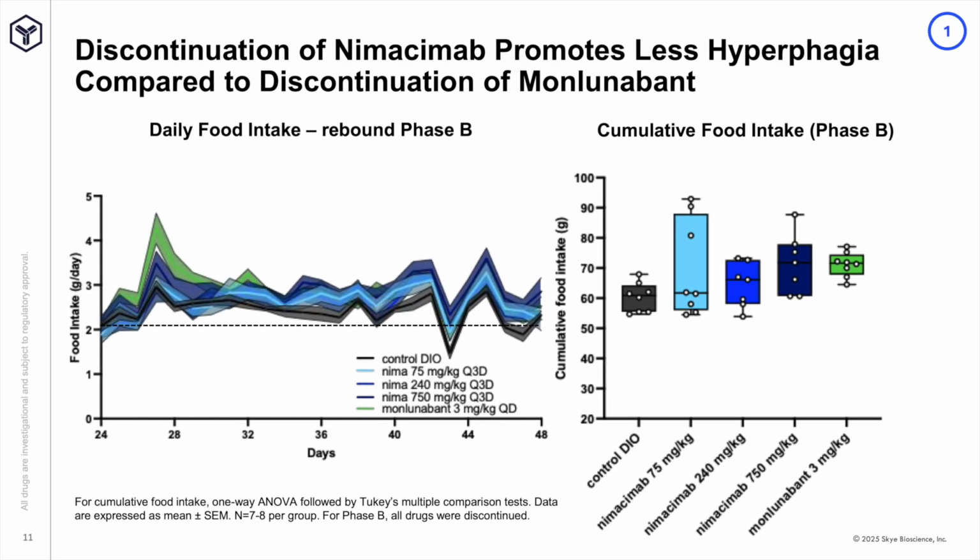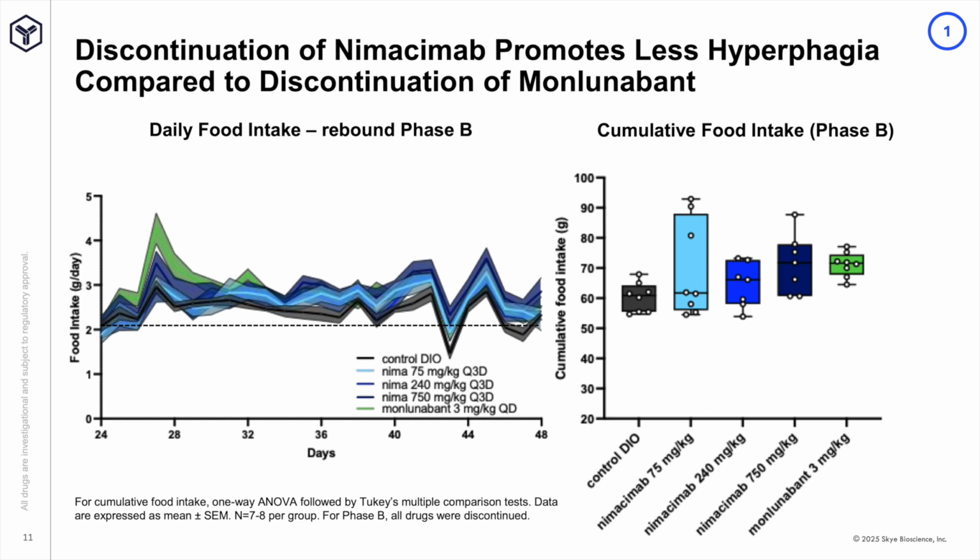And lastly, when we look at the rebound phase as it relates to food intake, it's striking that there's not a huge shift in any of the groups in terms of daily food intake, suggesting that there are other mechanisms at play rather than, for example, the monlunabant group simply taking in more food to explain this notable sharp increase in rebound.